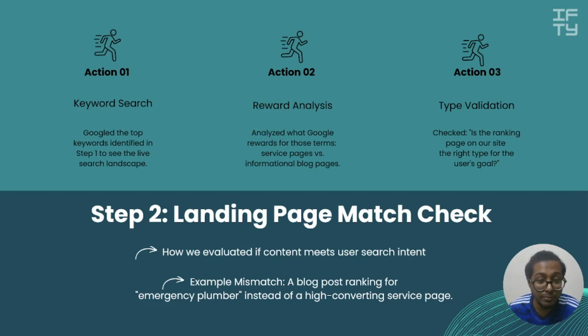This is a very important mindset to keep in mind. Someone searching emergency plumber needs a service page with a phone number, a clear CTA, and proper authoritative trust signals. They don't need a 1,000 or 2,000 word how-to article.